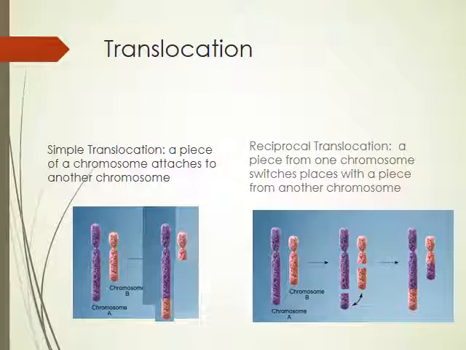So let me ask you some questions here. We've got a normal chromosome, A, B, C, D, E, and chromosome X, Y, Z. What kind of chromosomal abnormality is it if I was to have A, B, A, B, C, D, E?